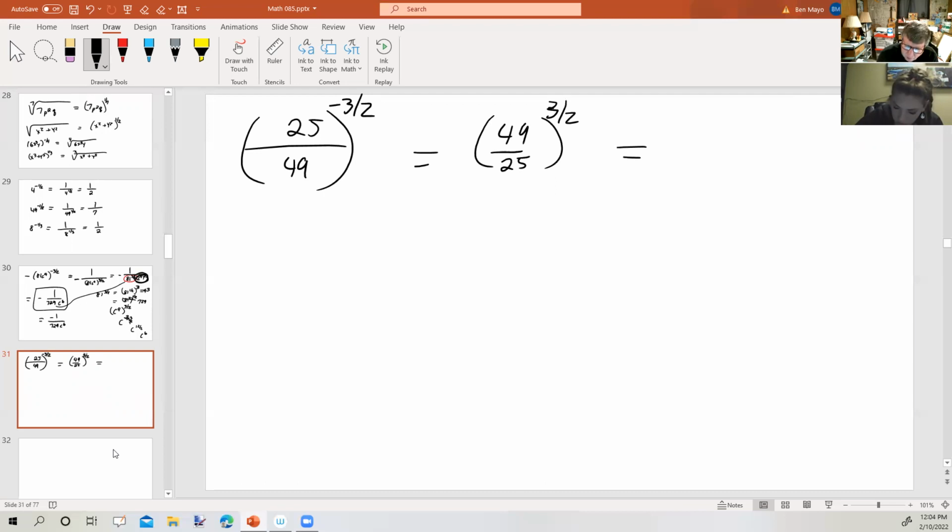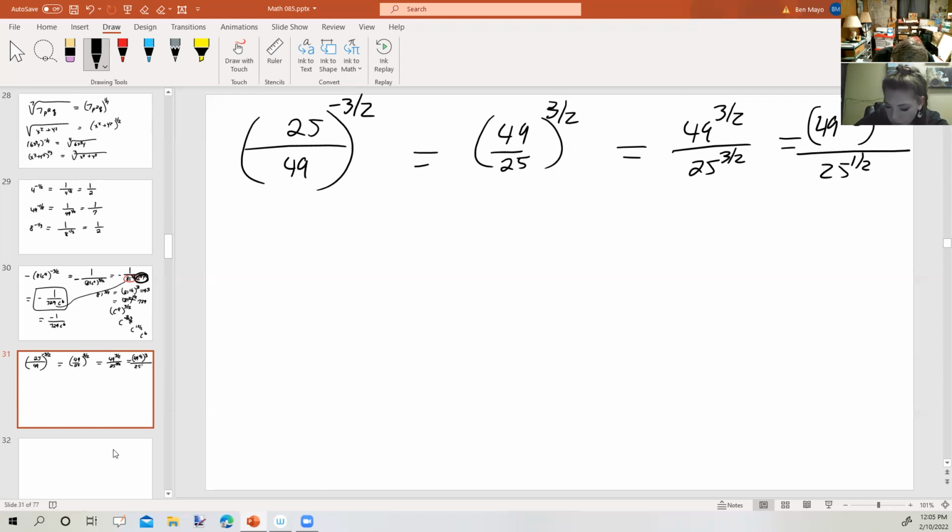We have a quotient raised to a power, so we're going to attach the outside power to both the numerator and the denominator of the quotient. I need to take 49 and I need to cube it, and I need to take the square root. I'm going to take the square root first and then cube it, and I'm going to do the same thing in the denominator. Take the square root and then cube it.